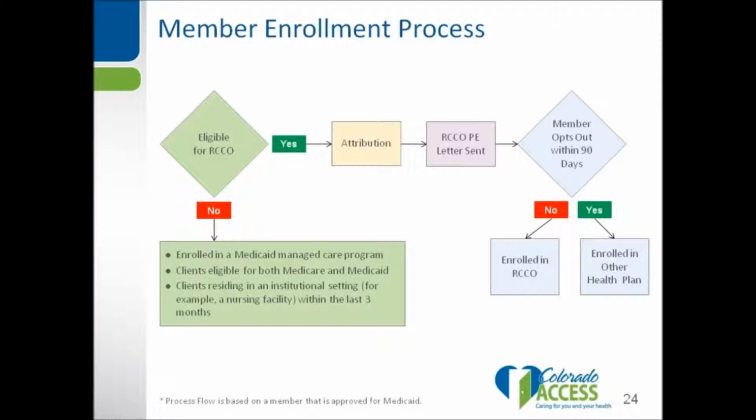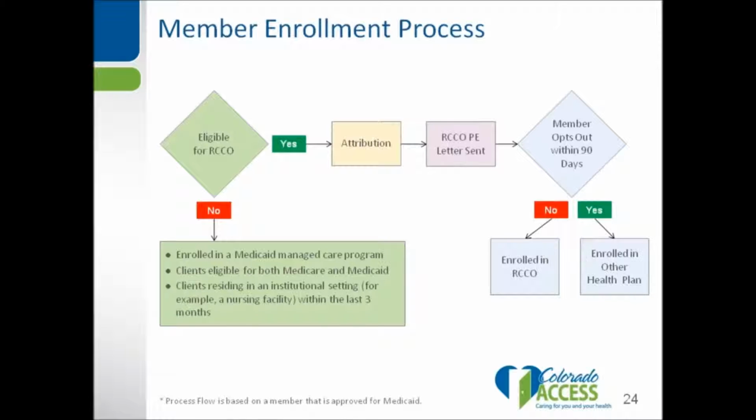Once they're enrolled in the program, the state really has this process that they call attribution. And what attribution is really looking through the claims history for that member or patient and seeing if they show any connection to a medical home or a provider that's in the program. So it's really linking the patient or what we call a member to a provider.